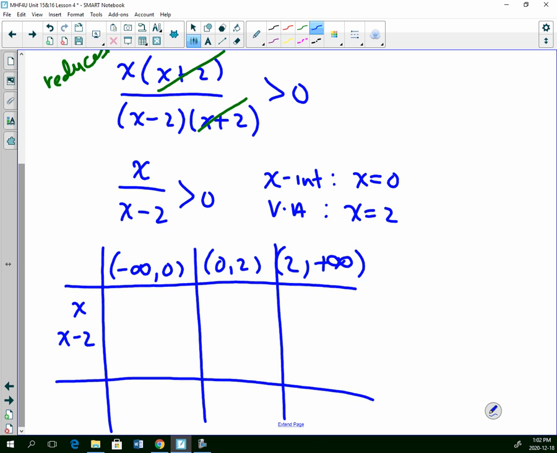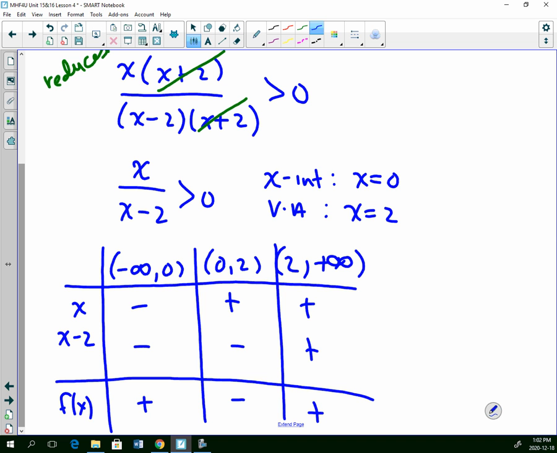Okay, so let's pick a number less than 0. I'll pick negative 1. And then we'll pick a number between 0 and 2, so I'll pick 1. And then greater.